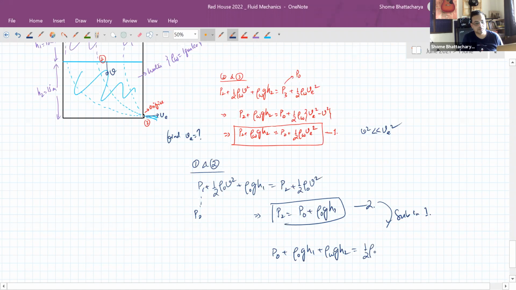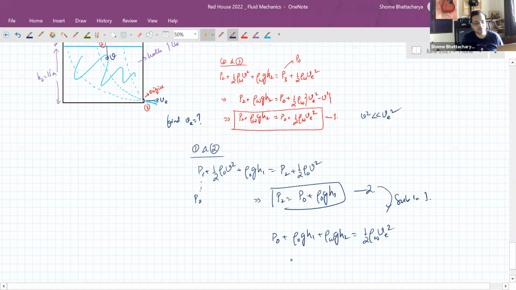our efflux velocity in parametric form will come out to be square root of 2g into h2 plus relative density of oil into h1.